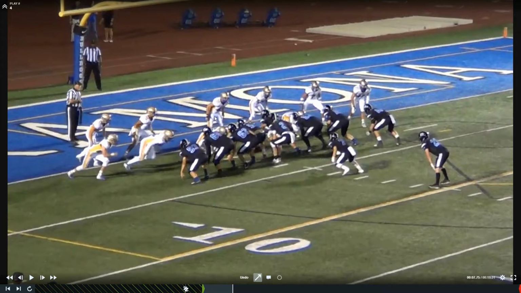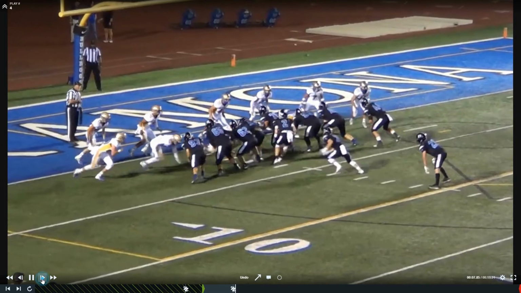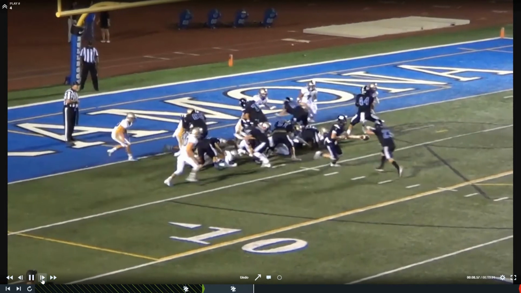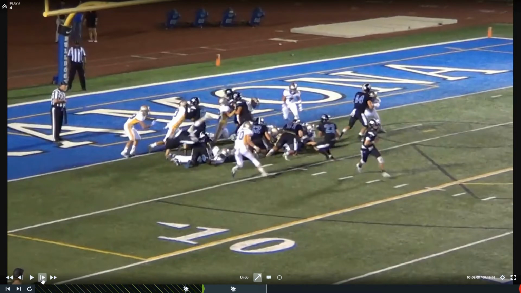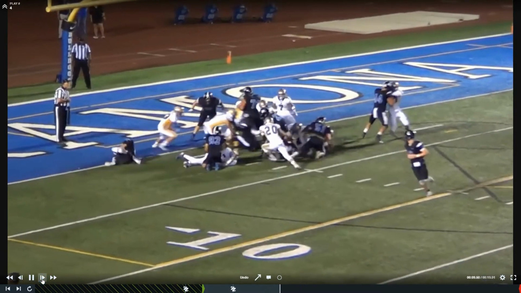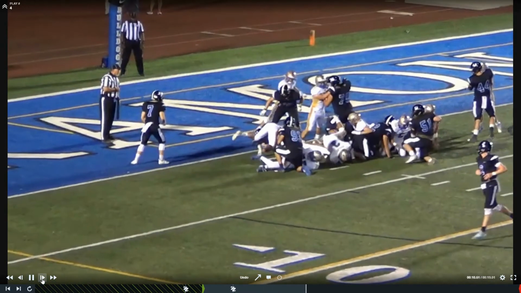So these guys, they're all going low. Not working very well for them. And there's a big old hole, and the running back scores. Okay, let's move on.